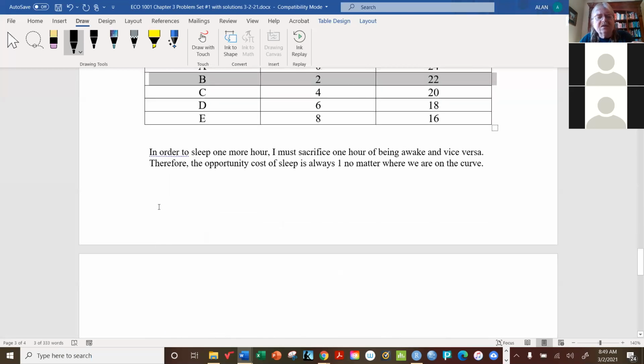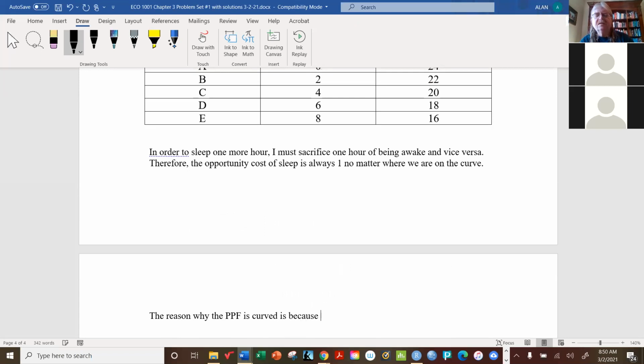Let me just mention that here too. The reason why the PPF is curved is because the resources being used in the production of hamburger and steak are not what we would call in economics perfect substitutes.